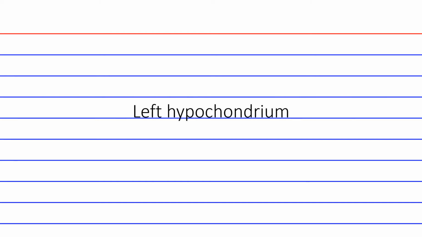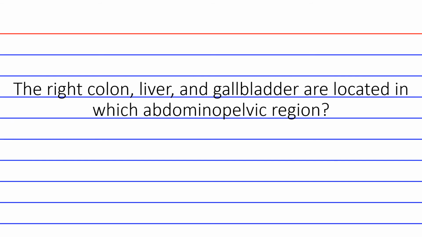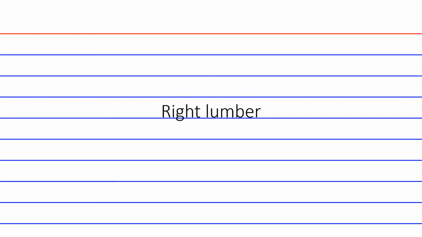The answer is the left hypochondrium. The right colon, liver, and gallbladder are located in which abdominopelvic region? The answer is the right lumbar.